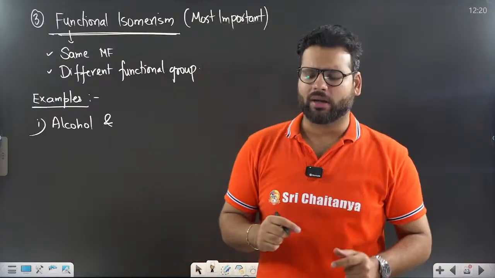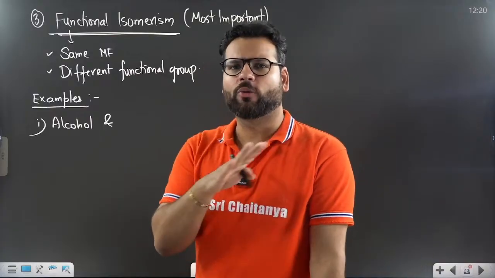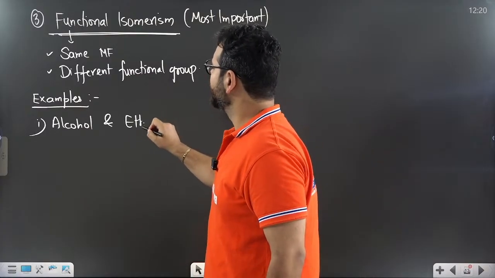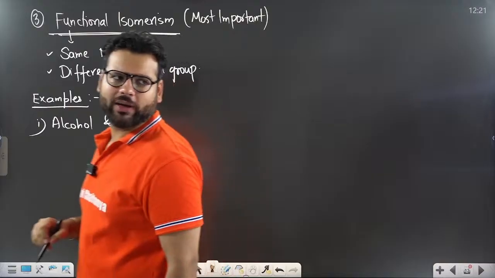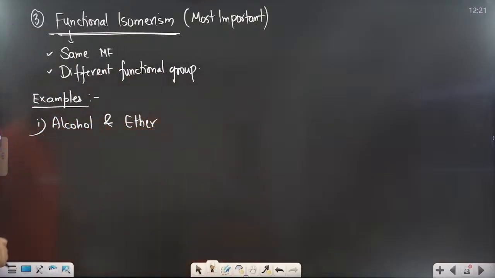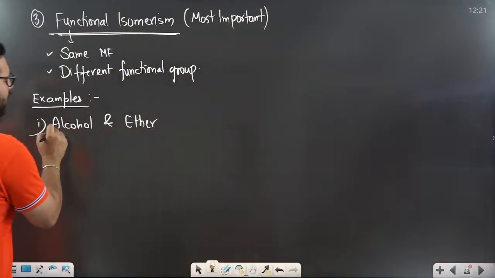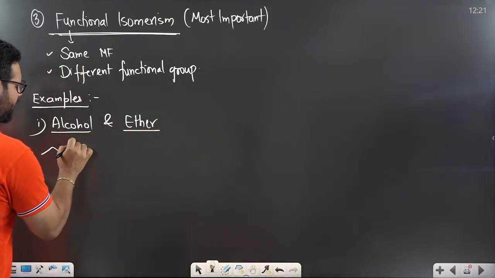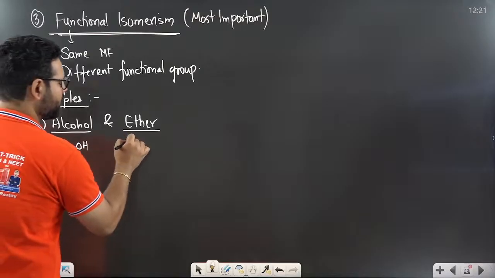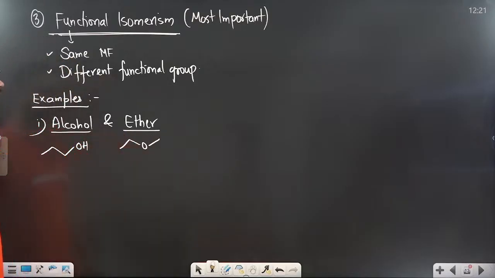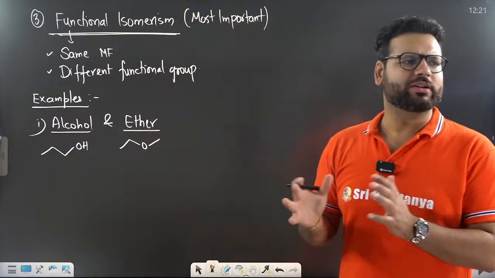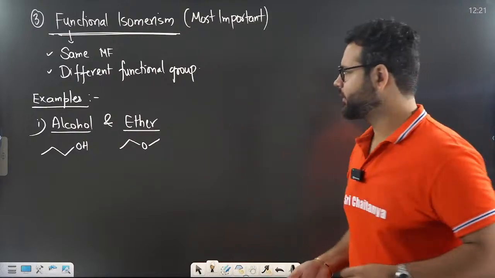In alcohol, there is one oxygen but no pi bond. In the same way, ether also has one oxygen and no pi bond. So alcohol shows with ether. Yes, correct. Open chain alcohol shows with open chain ether. For example, propanol and methoxyethane. Keeping the carbons and oxygen the same, I can draw alcohol and ether.